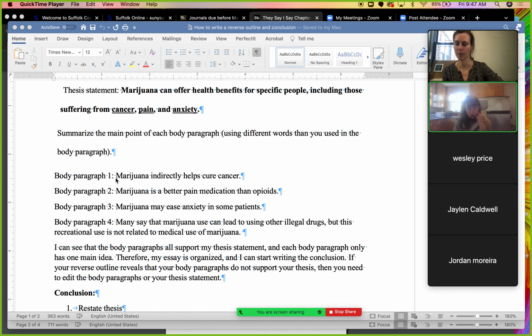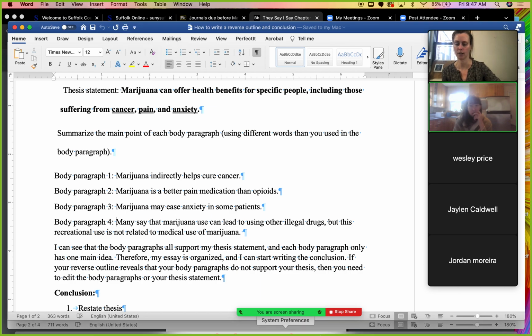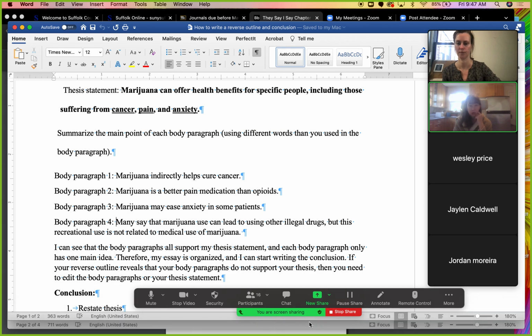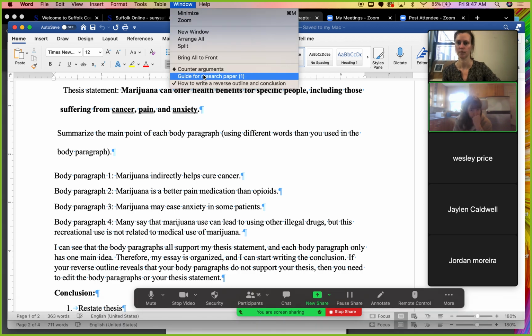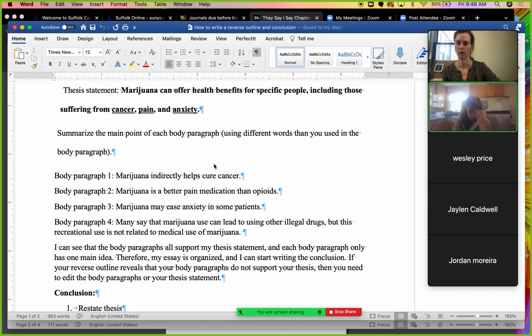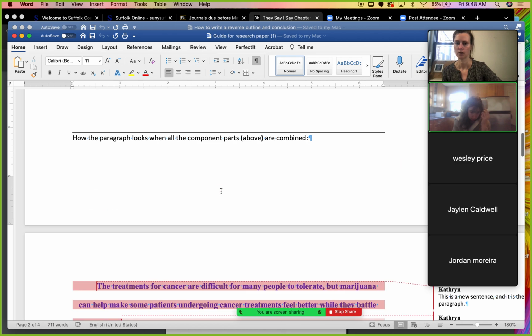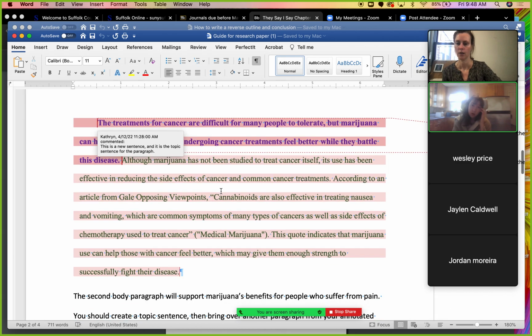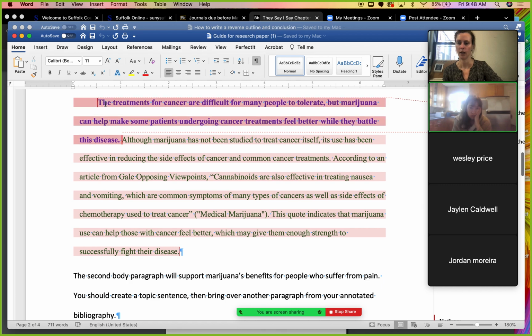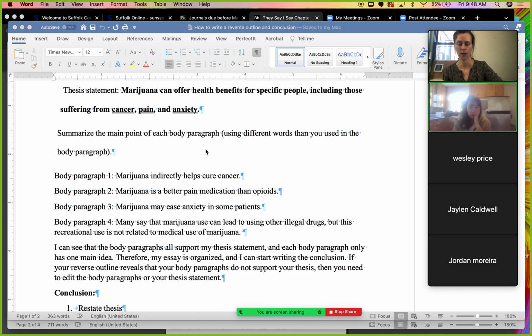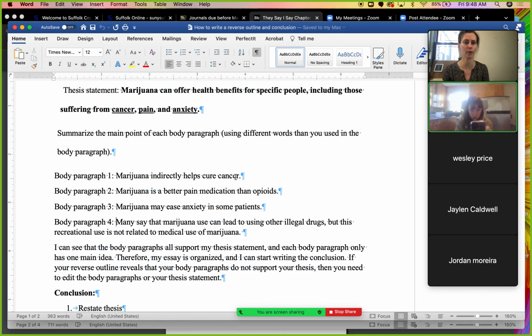Okay, so body paragraph 1, I read it through, and let's see, it's right here. Let's find it. So this is body paragraph 1, and I read it all the way through, and in different words, I came up with one sentence that summarizes the main idea of that paragraph.